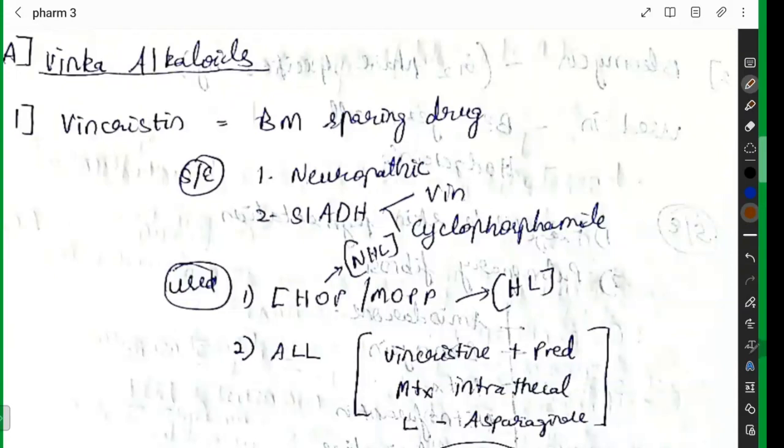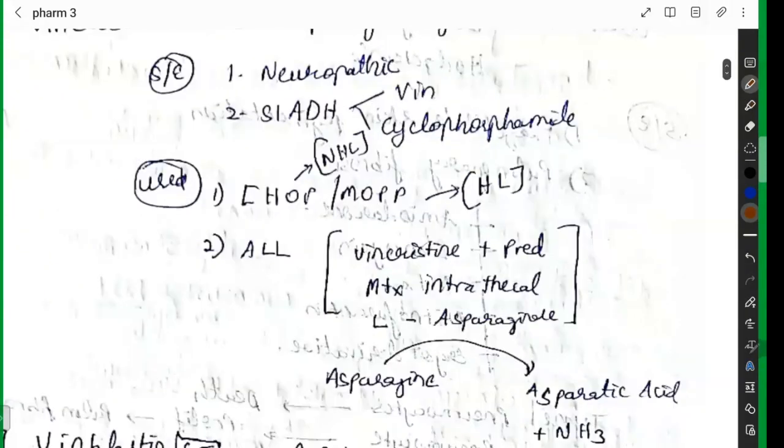Now, where all are you going to use it? Do you remember the CHOP regimen, which is used in non-Hodgkin's lymphoma, or the MOP regimen used in Hodgkin's lymphoma? You have vincristine and your vinblastine, all this group of drugs. So can you expand? What happens in your MOP regimen or your CHOP regimen? You're going to have O. O stands for Oncovin.